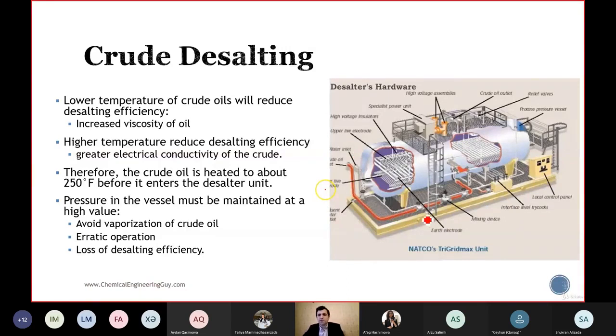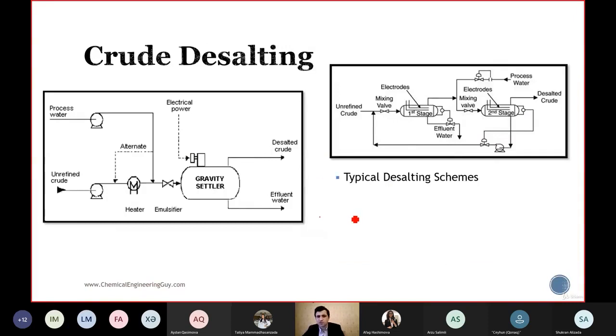This is the PFD of the desalter. Typically two-stage desalters are used. We have the unrefined crude, the water which comes from the second stage, and mixing valve and electrodes per stage. We have the wash process water, and the process water is added to the second stage.